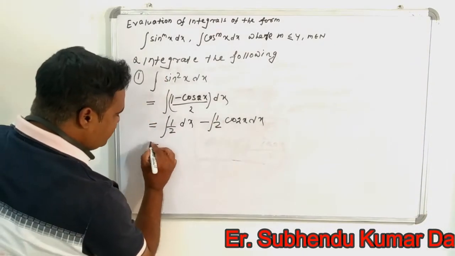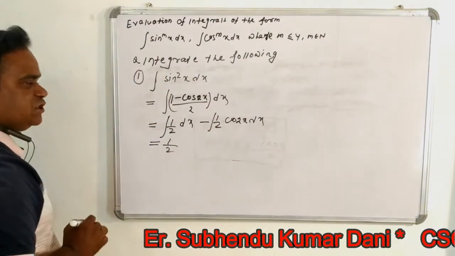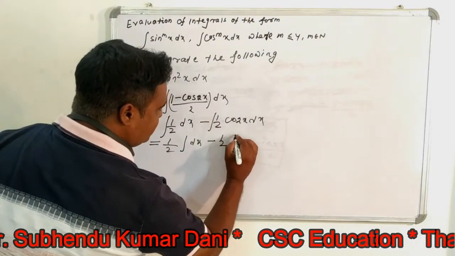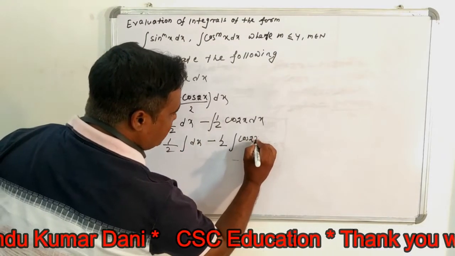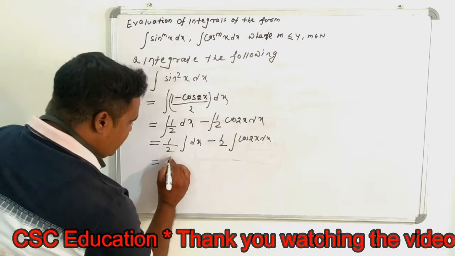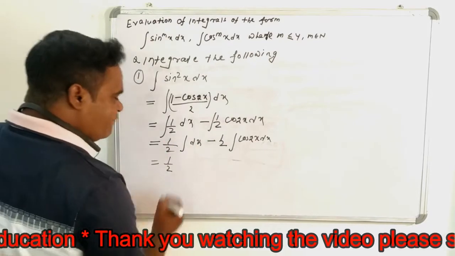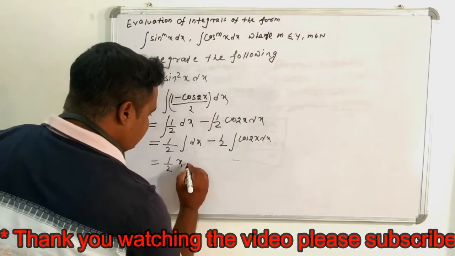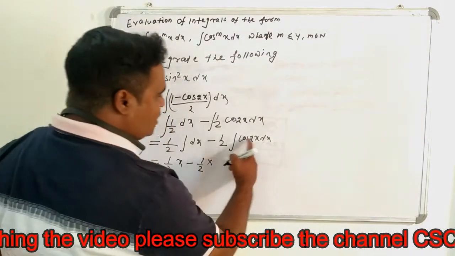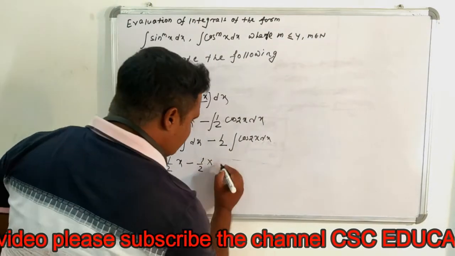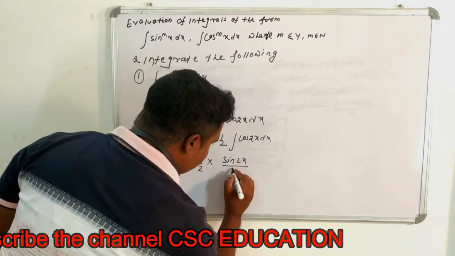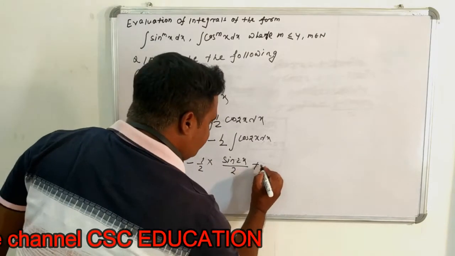Here 1 by 2 is a constant factor. So this is 1 by 2 integration of dx minus 1 by 2 integration of cos 2x dx. This equals 1 by 2 x minus 1 by 2, and the integration of cos 2x is sin 2x divided by 2, the coefficient of x being 2, plus c.